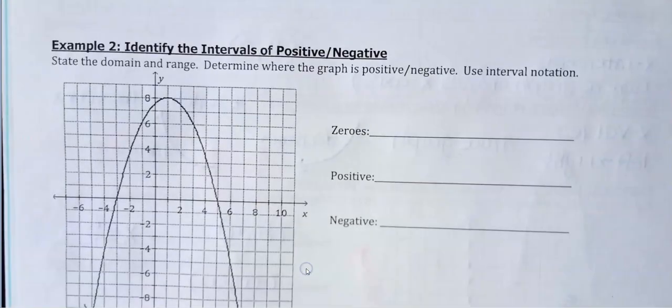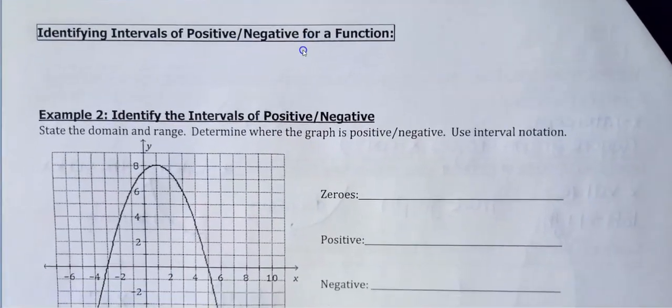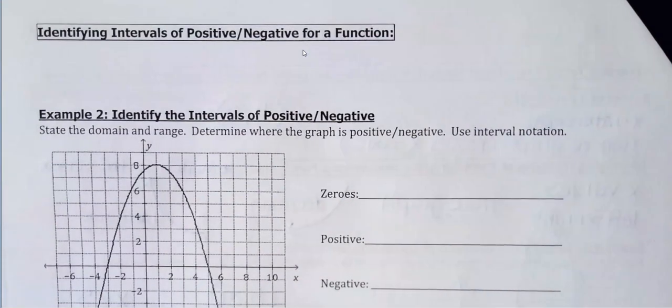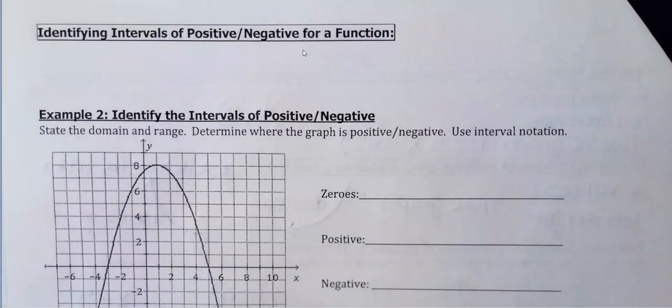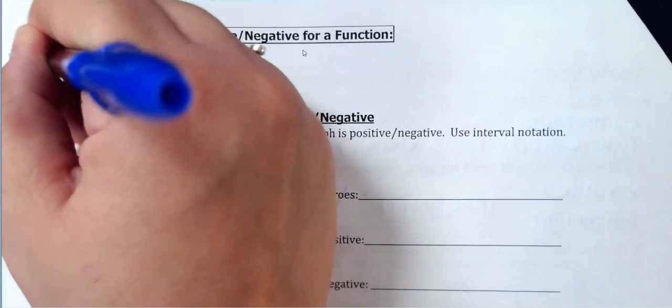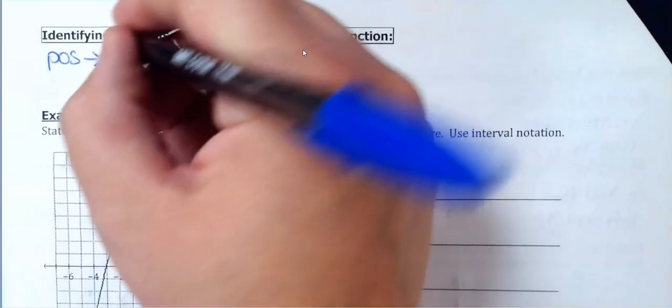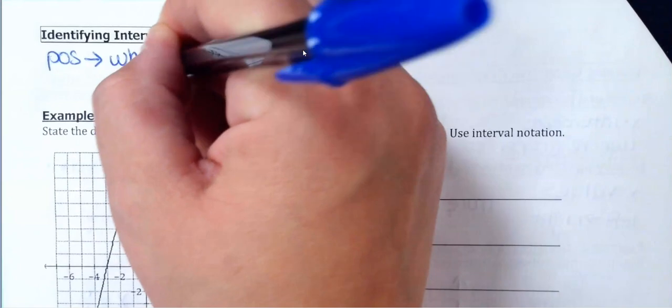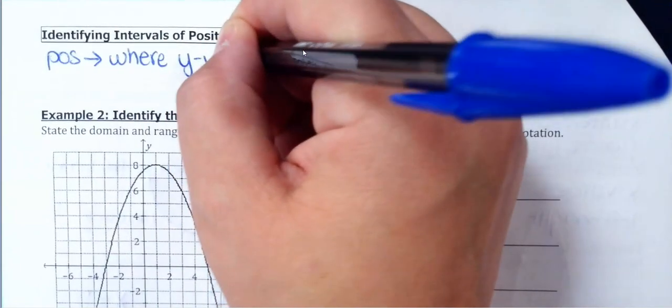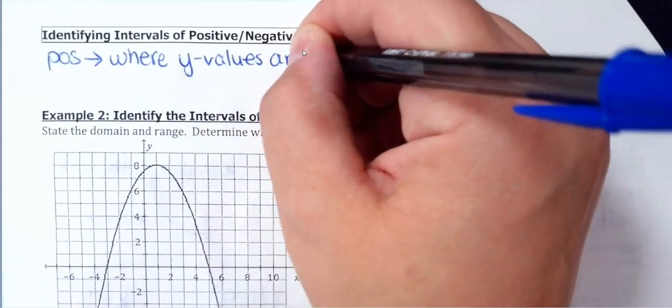Now, on the graphs on the back, we are going to identify intervals where the graph is positive or negative. So this actually has nothing to do with the vertex. The graph is going to be considered positive where the Y values are positive.